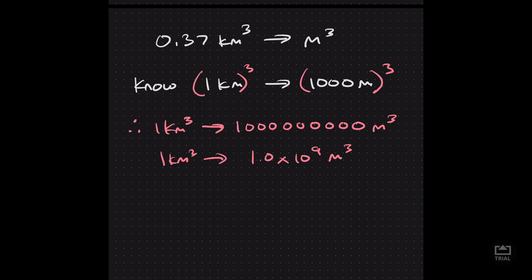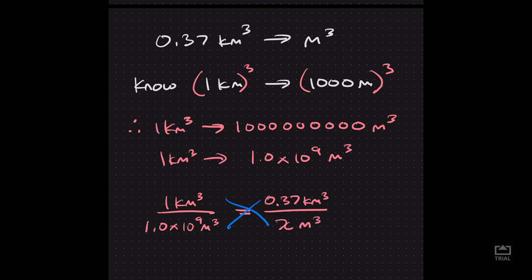And now I'm just going to set up a ratio again. So I know that 1 kilometer cubed is equivalent to 1.0 times 10 to the 9 meters cubed. Make that equal to, well, what do I know? I know 0.37 kilometers cubed, and I'm trying to find out how many meters cubed that is.